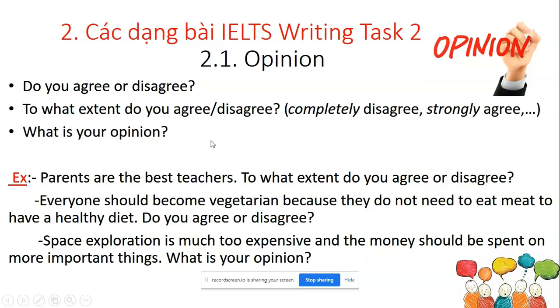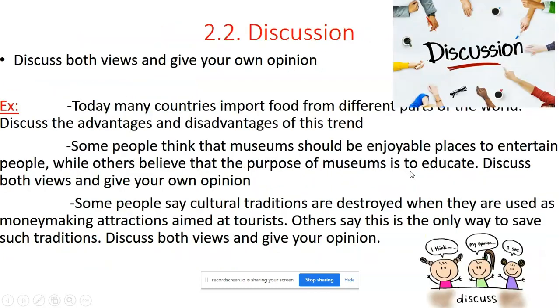These are some examples of the formats of the exams, if you can tell. The second type is discussion. Obviously, discuss, it's like debating.